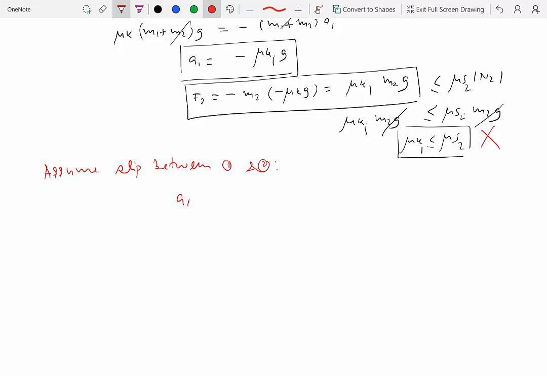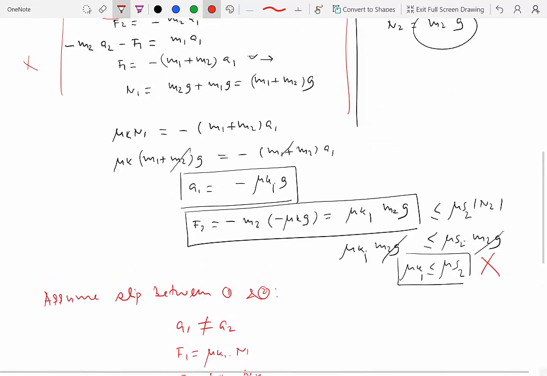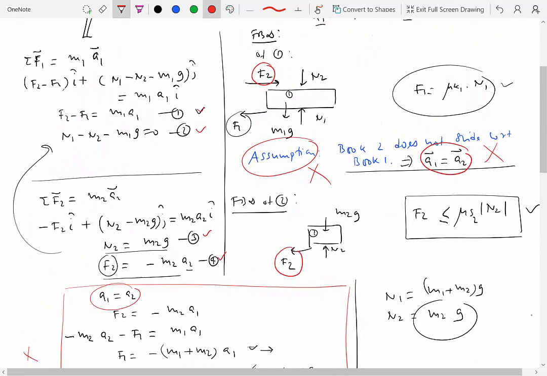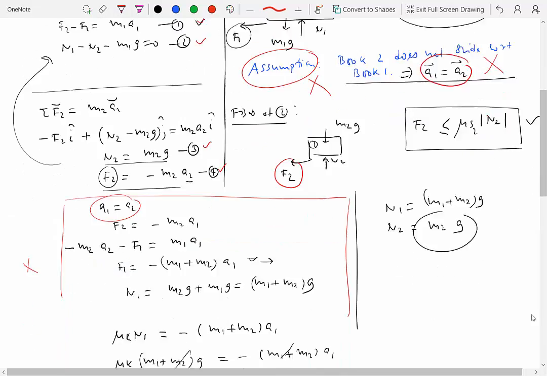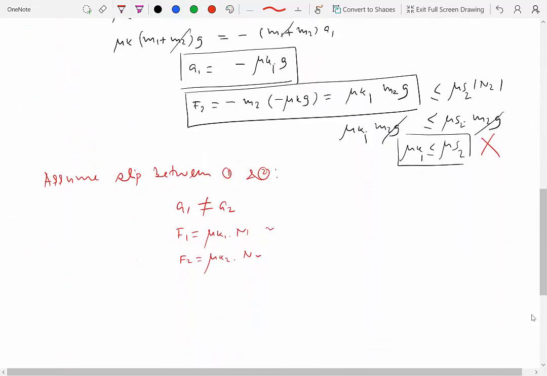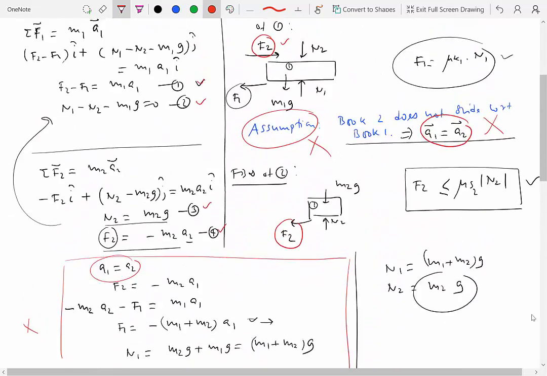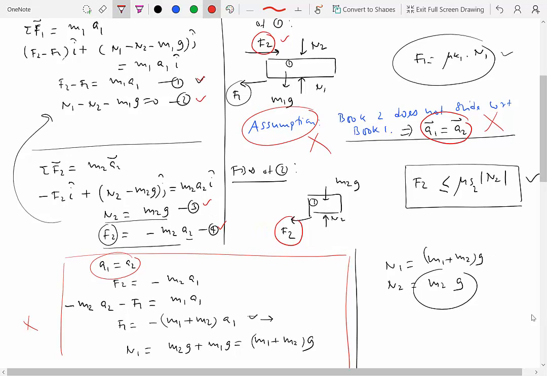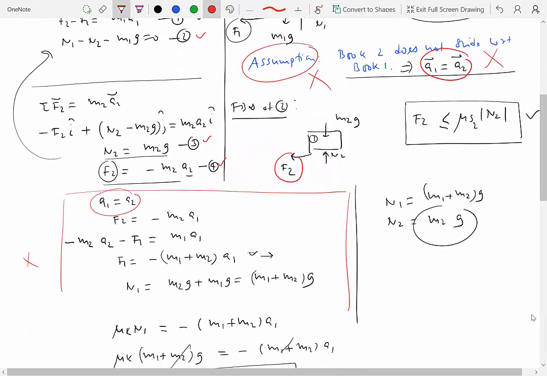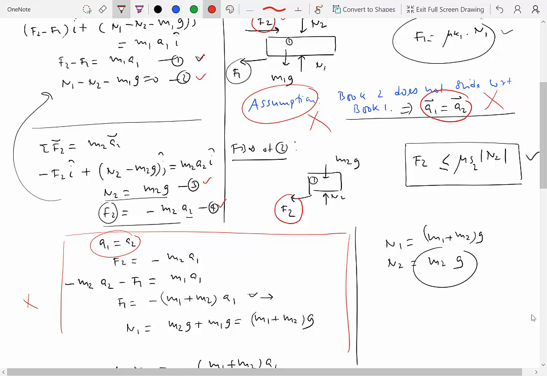So now a1 is not equal to a2, okay, but f1 is equal to mu k1 times n1, and f2 is equal to mu k2 times n2. That's the basic difference that we get now, right? Because now we will know what f2 is. And with these known, you solve for a1 and a2 and other quantities from the 1, 2, 3, and 4 equations.